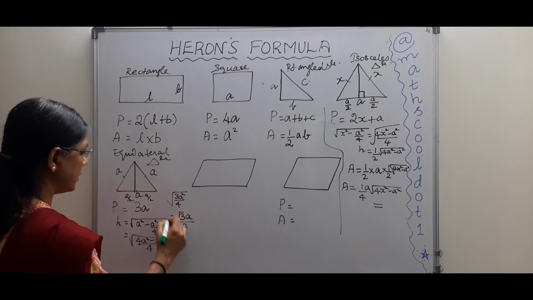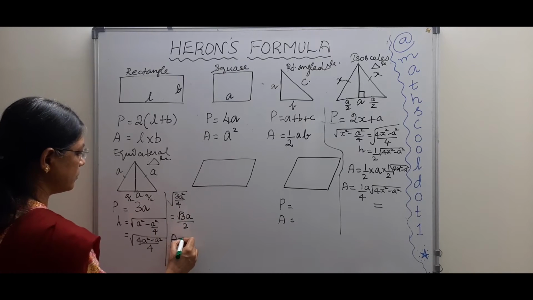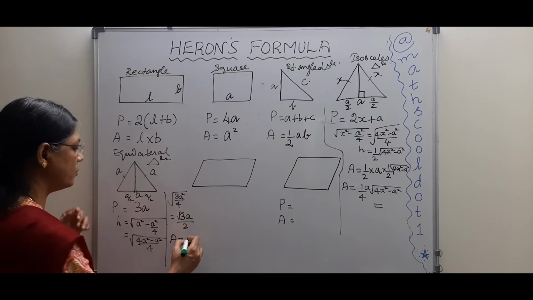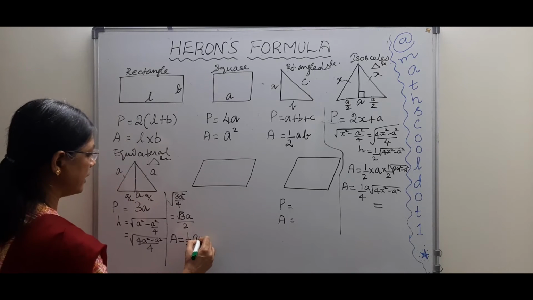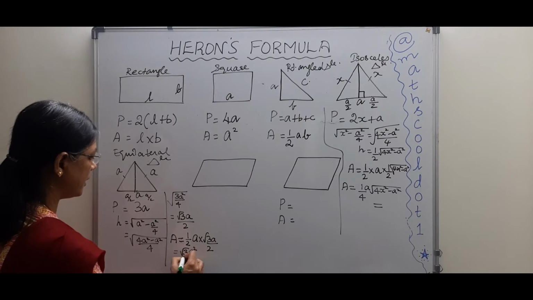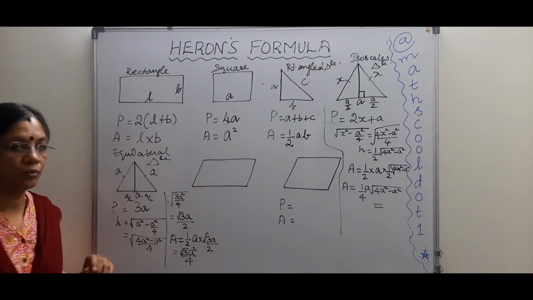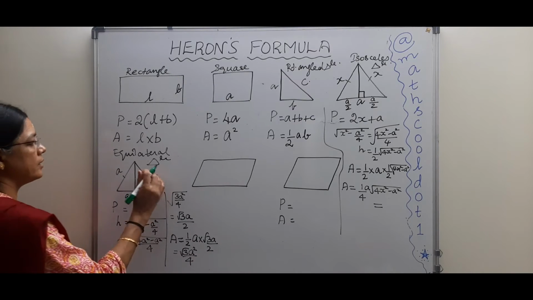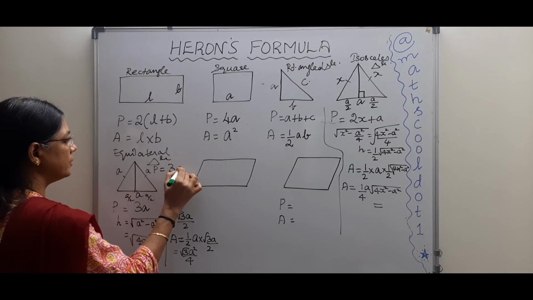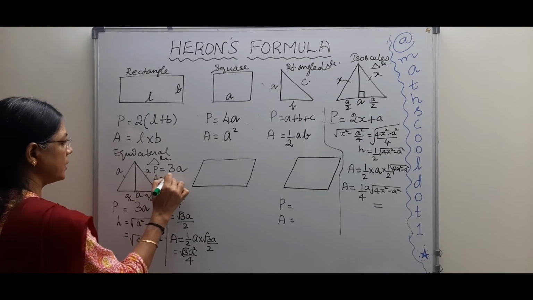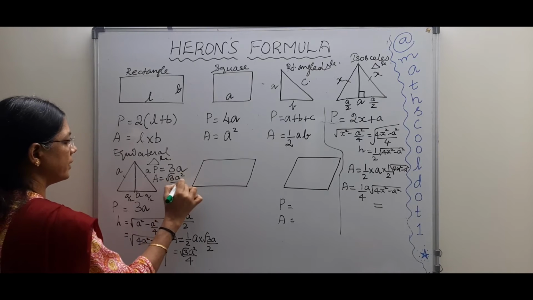Therefore area is equal to half into, what is the base? Base is a here, into root 3 a by 2 which is the height. So area is root 3 a squared by 4. Do you understand? So the perimeter of the equilateral triangle is P equals 3a, and the area is root 3 a squared by 4.